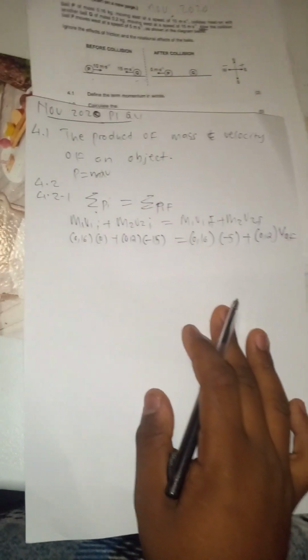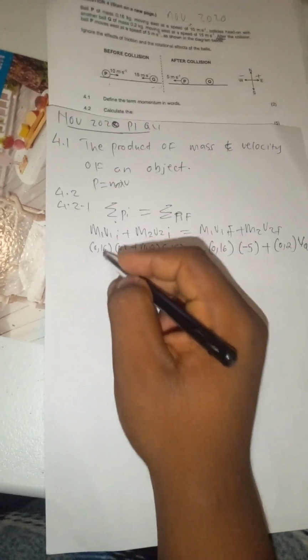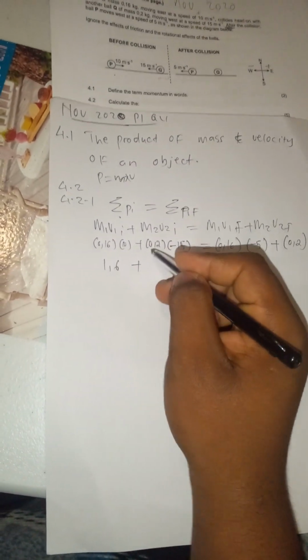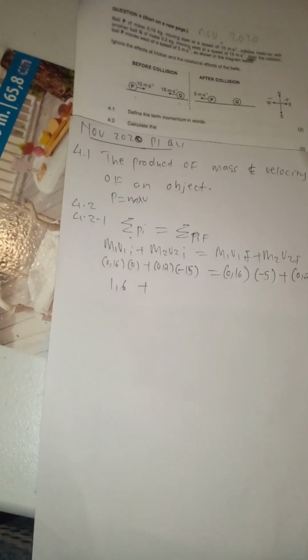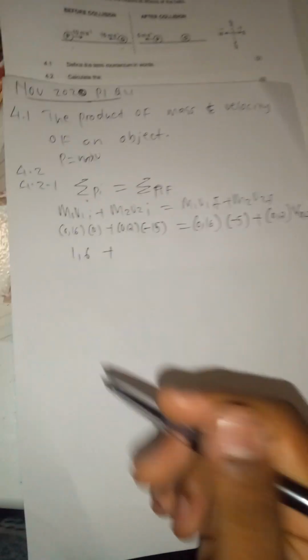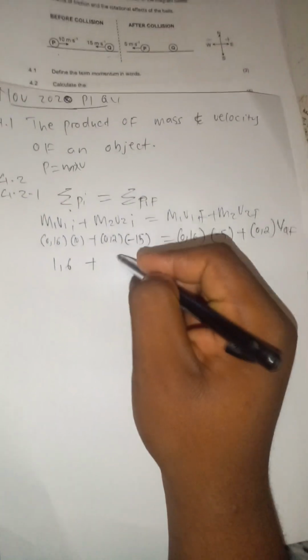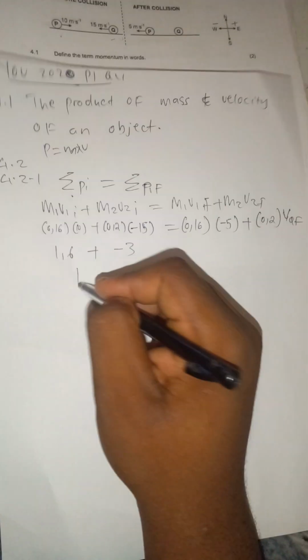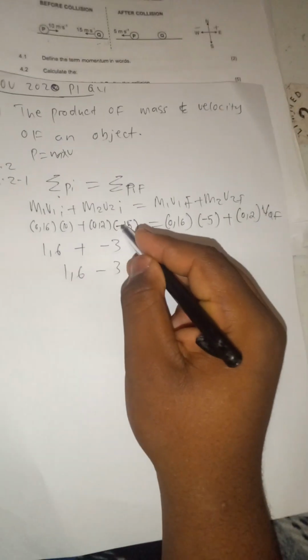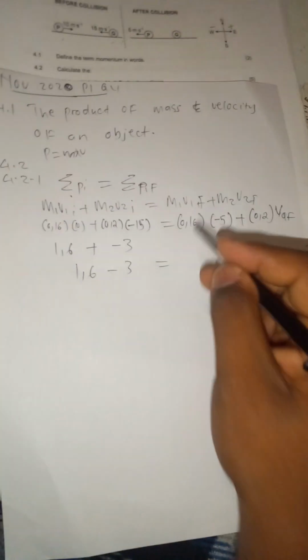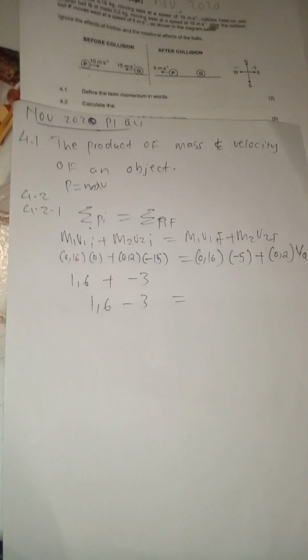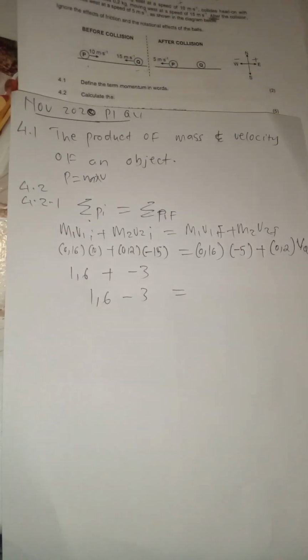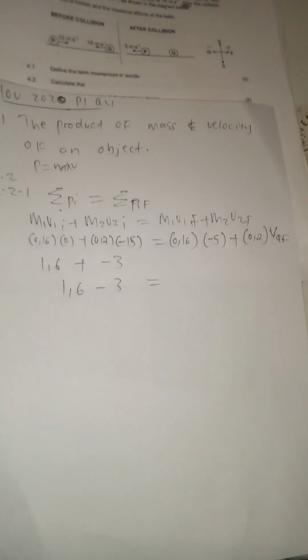So we continue and do our calculation. 0.16 times 10 is 1.6, plus 0.2 times 15. Let me check on my calculator. 0.2 times 15 is 3, but it is negative, so it's 1.6 minus 3, because this is minus 15, which equals 0.16 times minus 5. 0.16 times minus 5 is negative 0.8.